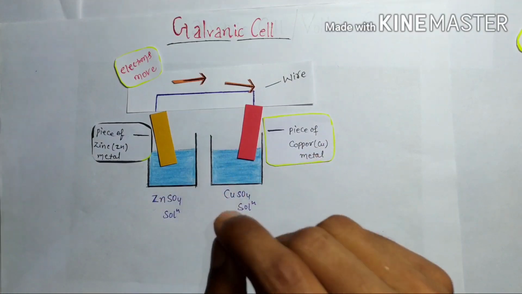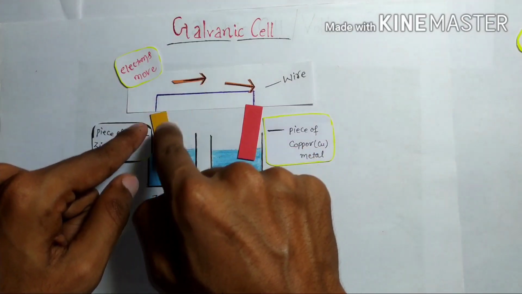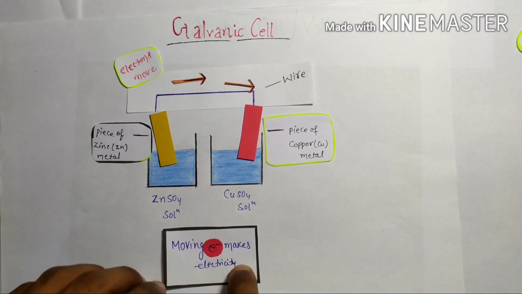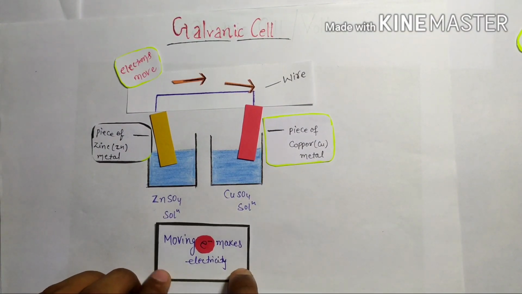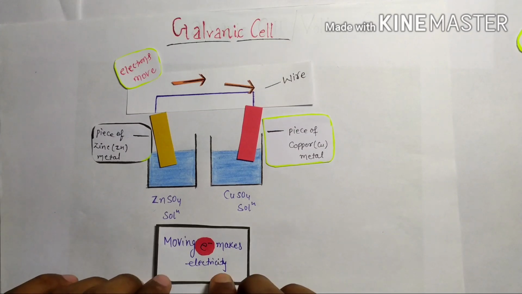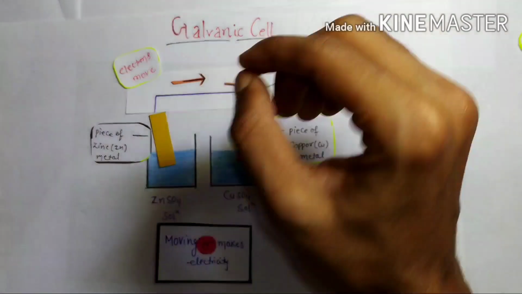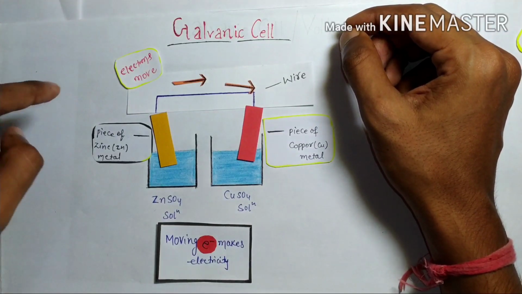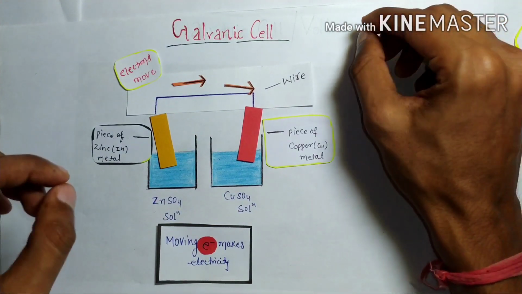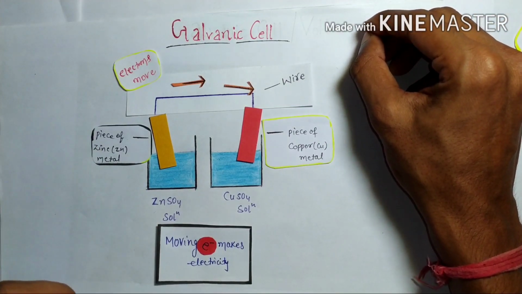We also know that moving electrons make electricity. This is the basic concept: moving electrons, moving charges, make electricity. That's why here we have seen that the electrons are moving in that direction. It means that there is 100% surety that current will be produced here.